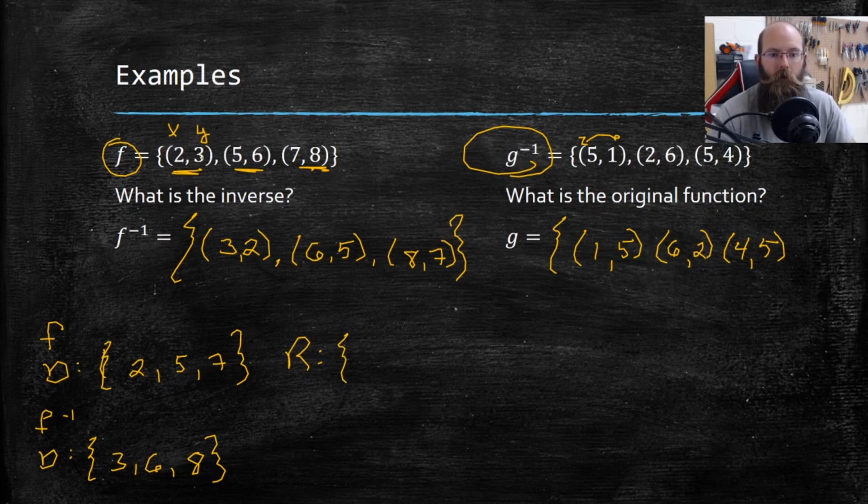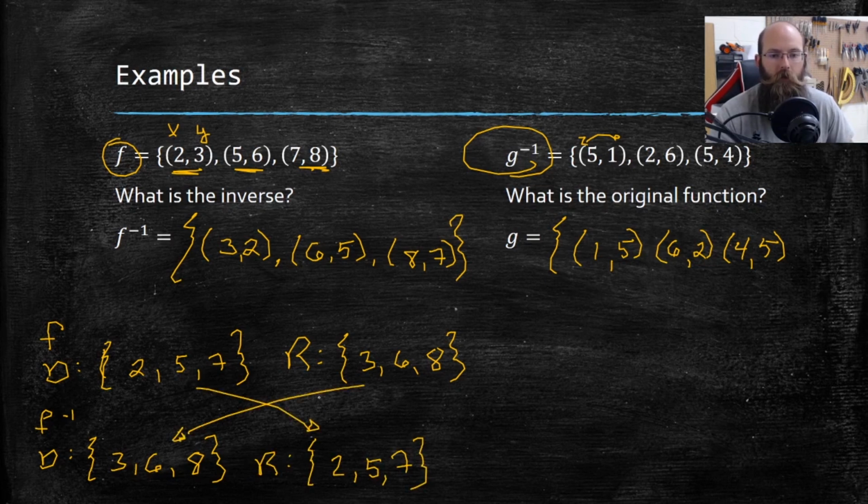So looking at the original, what was the second part of each parenthesis? 3, 6, 8. And then my inverse function, what's the second part of each of those parentheses? 2, 5, 7. So if you'll notice, for my domain and my range, for inverses versus the original function, those two things are switched. It's pretty great.